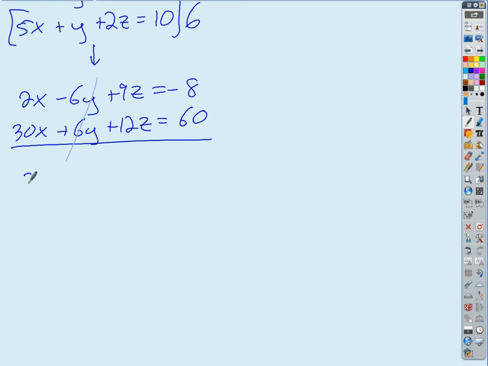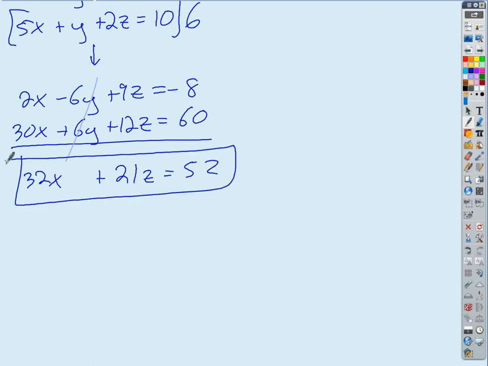I get the equation 32x plus 21z equals 52, okay? So there's one equation we get, right?